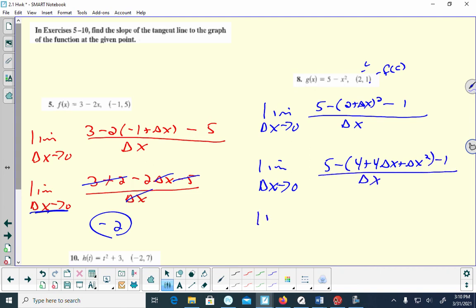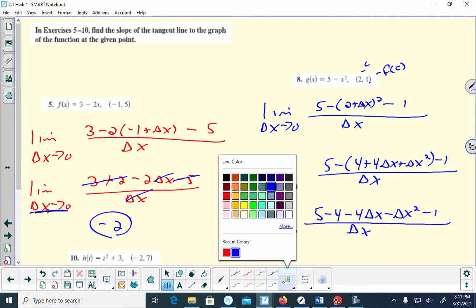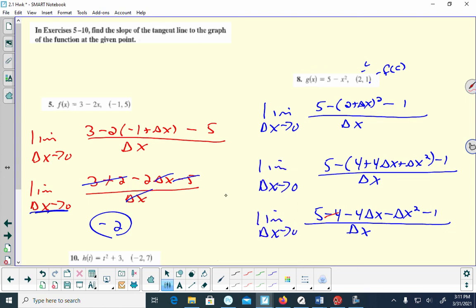Now I'm going to distribute my negative sign. So I'm going to have 5 minus 4 minus 4 delta x minus delta x squared minus 1 all over delta x. The 5, negative 4 and negative 1 add up to 0.